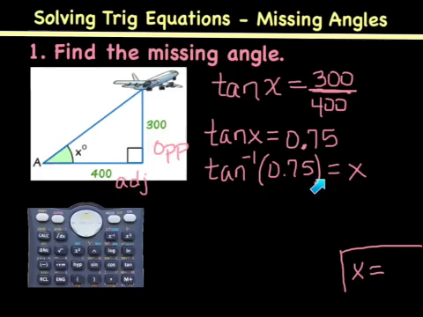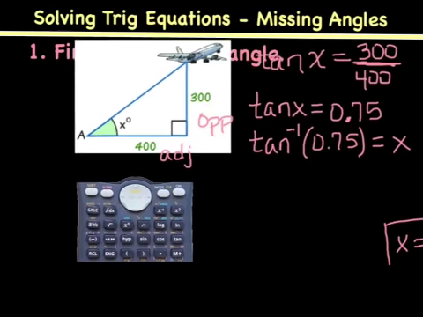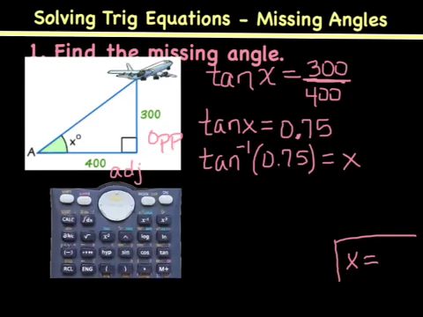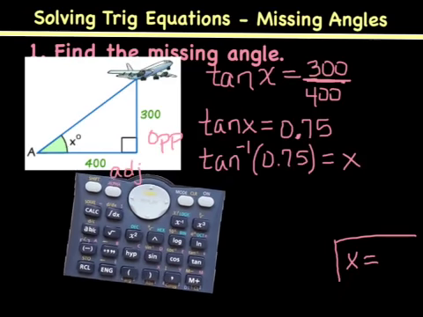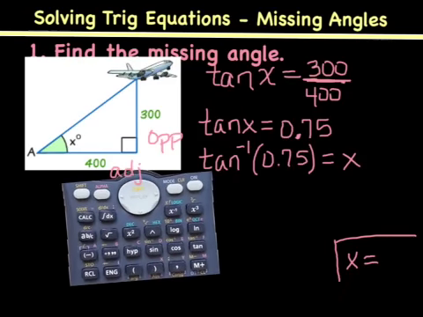So take a look at our calculator here. See right here? Looks like tangent to the negative first power, cosine, and sine. It looks like it's all to the negative first power. Those are the buttons we're going to be using. Those are called inverse.